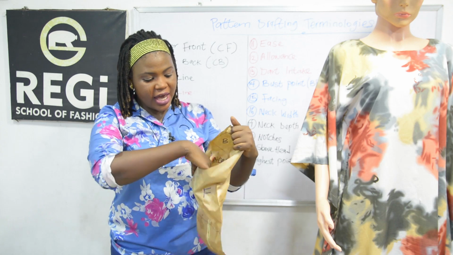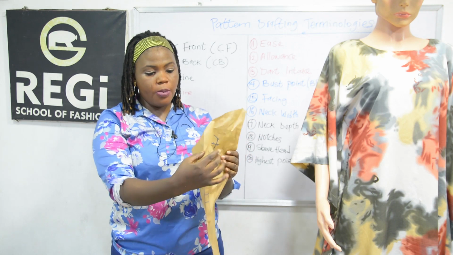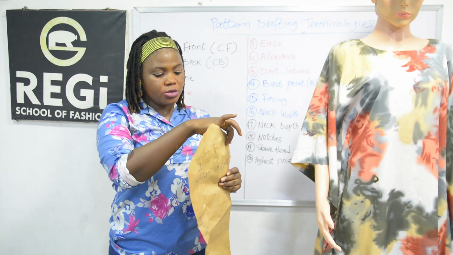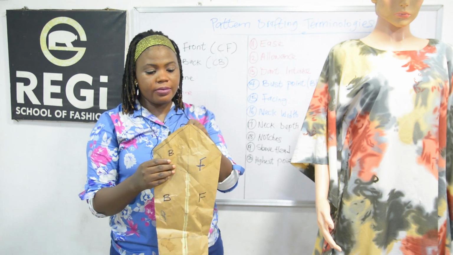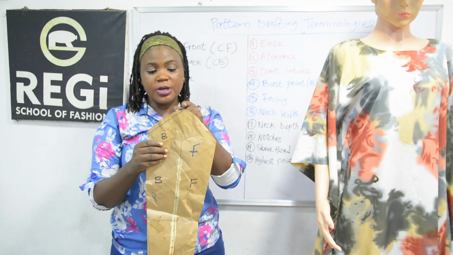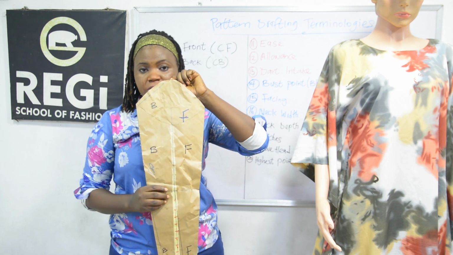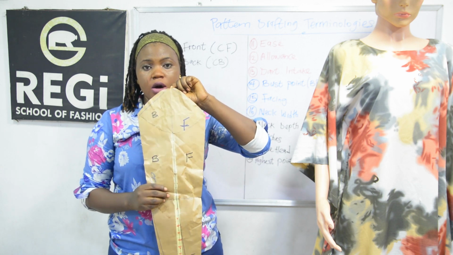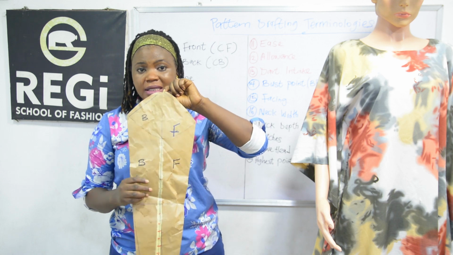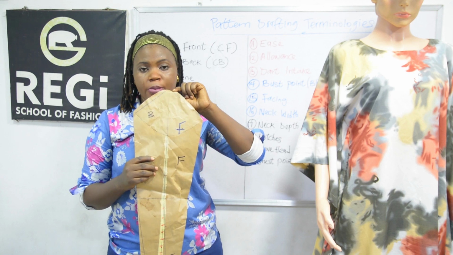This is the sleeve head for the under sleeve, while this is the sleeve head for the upper sleeve. The point that is higher on the upper sleeve is where the HPS falls. So this point is the highest point shoulder on my two-piece sleeve. When I'm ready to cut this out, then attach this to my jacket, this point must align together with the HPS I have on my jacket.